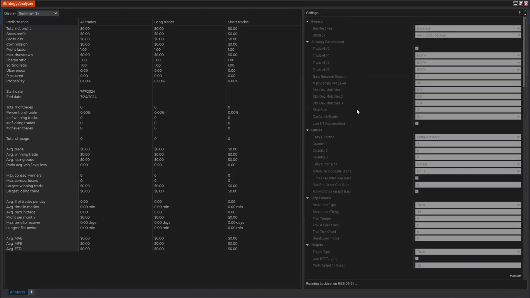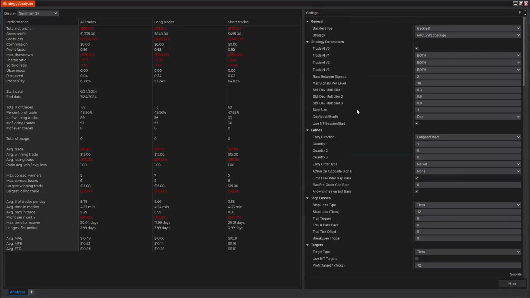Let her rip. We always notify everybody by email if there's an update. It's not very common though. I suspect there will be as we get into tick plays, obviously, but that'll be a little bit yet. So we got 182 trades to work with.